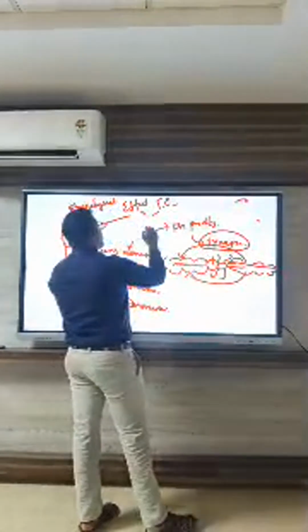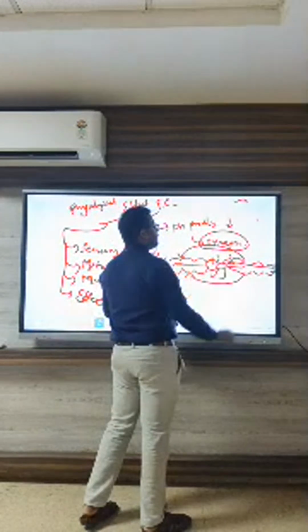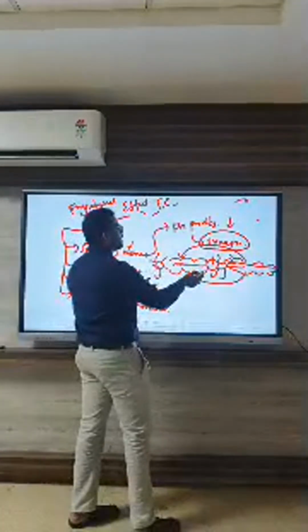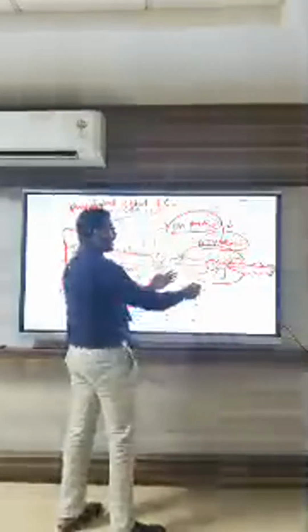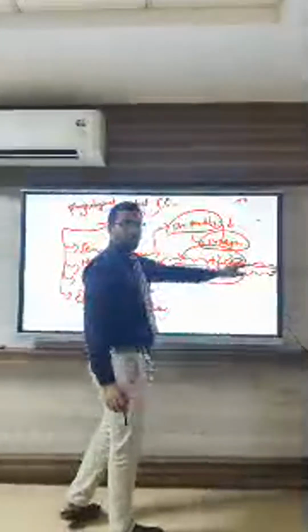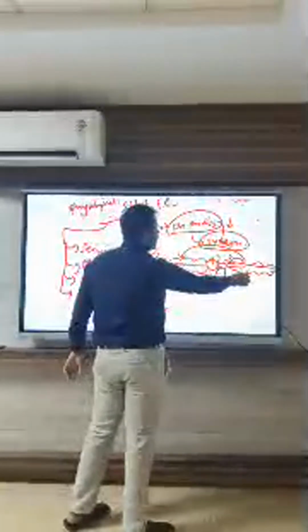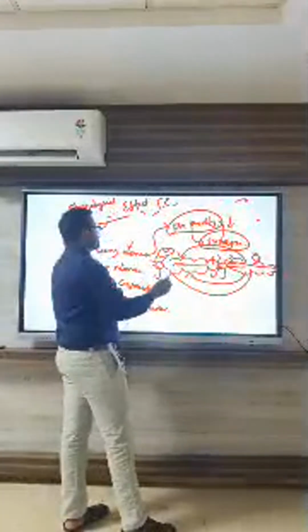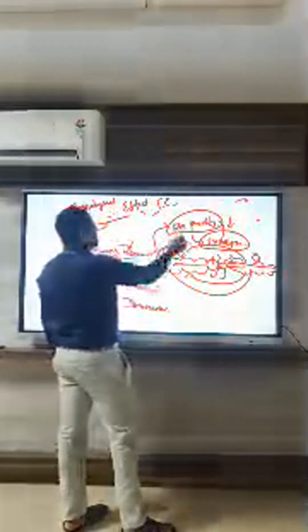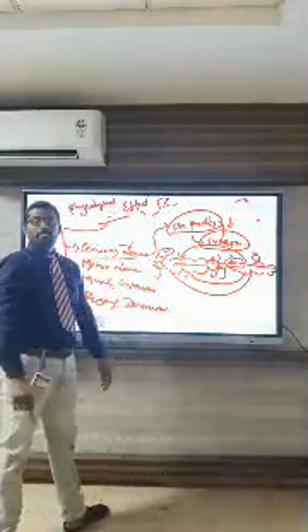So once we apply the Faradic current over the sensory nerve, it stimulates the pin-prickling sensation, which is reflected over the synapse. The synapse is situated between one neuron and another neuron. What is the function of this synapse? It transmits the impulse from one neuron to another neuron. So this is the basic concept of the use of Faradic current over the sensory fibers.